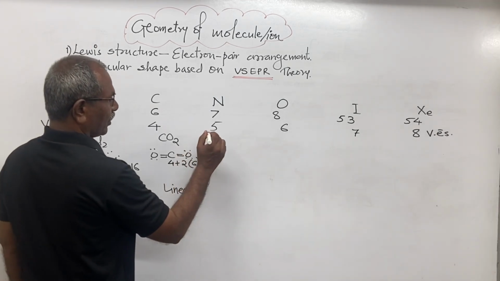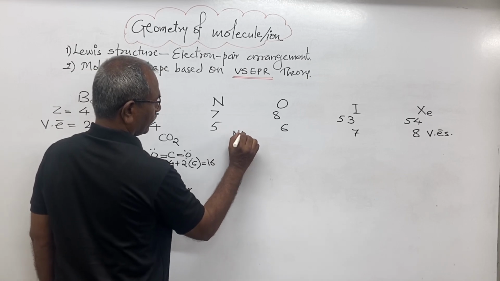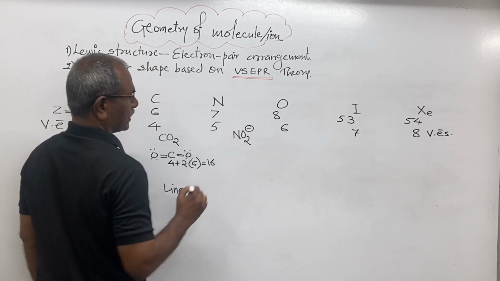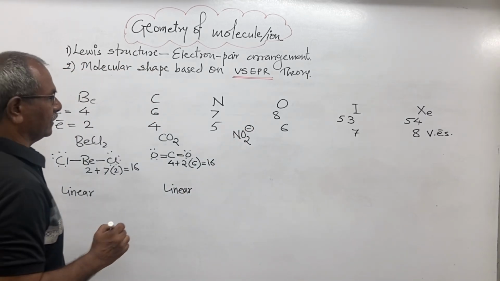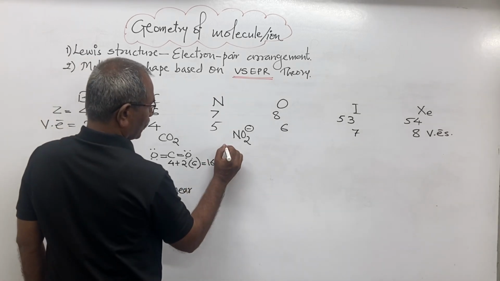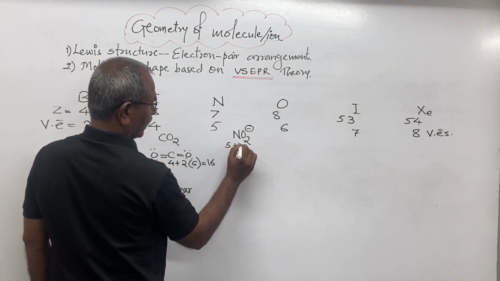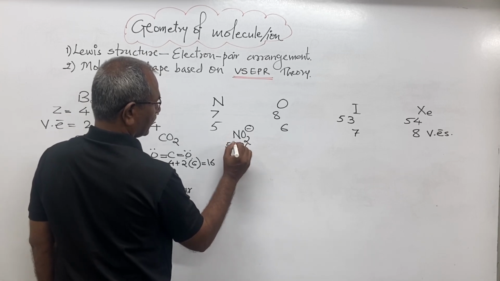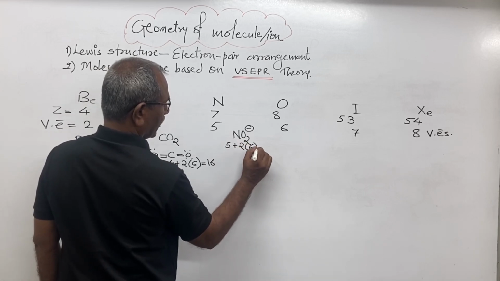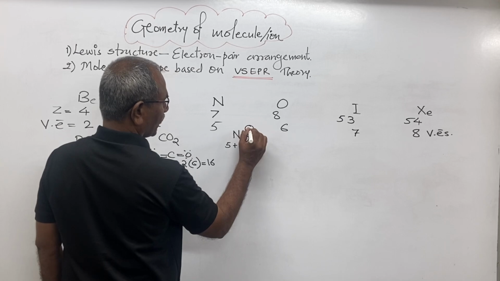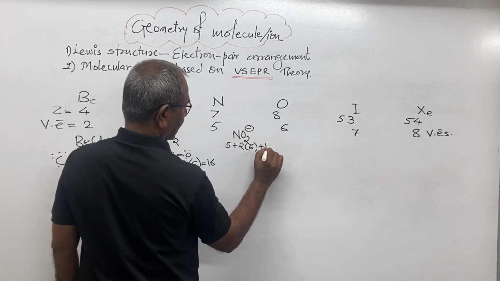Now we take the example of nitrogen, NO2 minus, that is the nitrite ion. Nitrogen has 5 valence electrons. There are 2 oxygen atoms, each having 6 valence electrons, but it has 1 negative charge, so it accepts 1 electron.